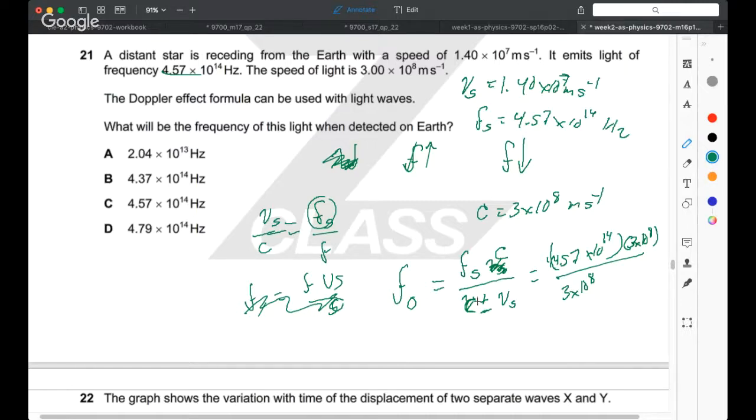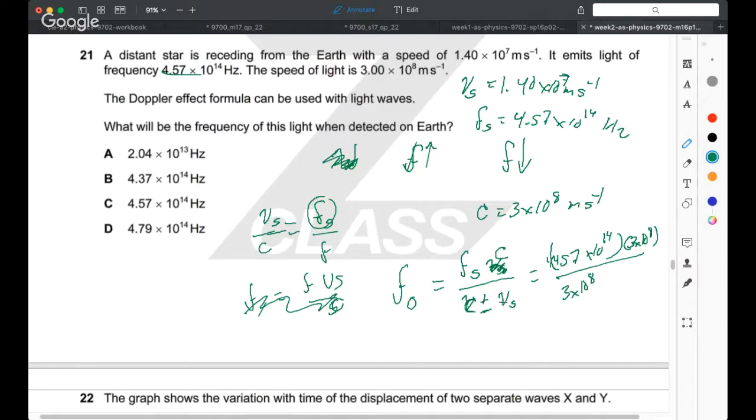What this equation is telling you is that the frequency of the waves, the speed of the wave in the medium, is going to be affected by the speed of the moving object.